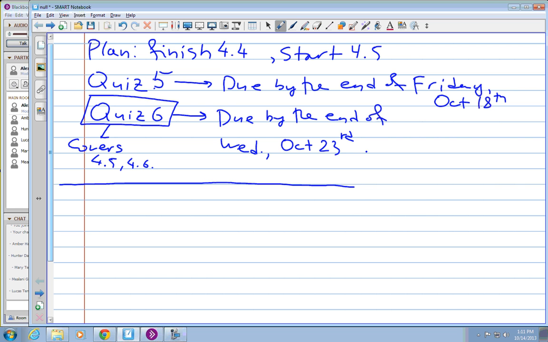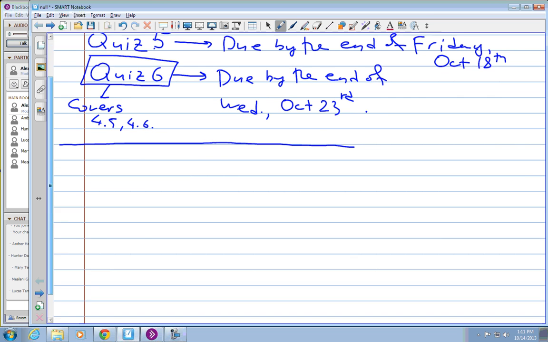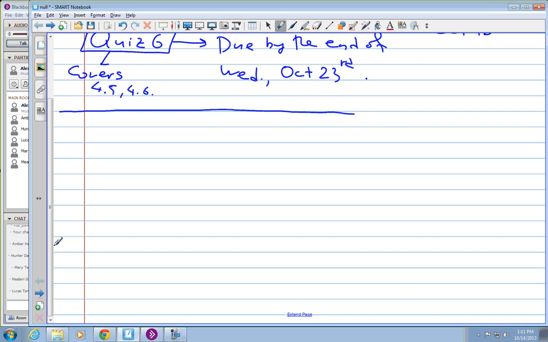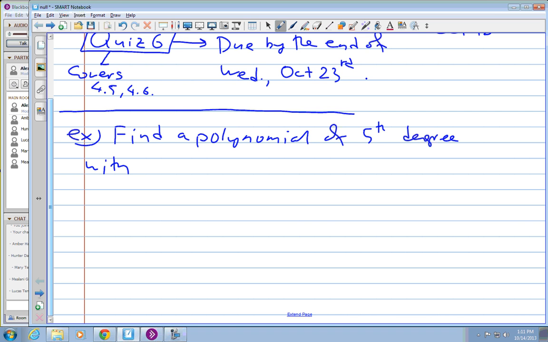Okay, so here's the little plan. I want to do a few examples based on what we did last week, to see how much we remember. So here's an example. I want us to find a polynomial of 5th degree, with -1/2 as a 0 of multiplicity 2.